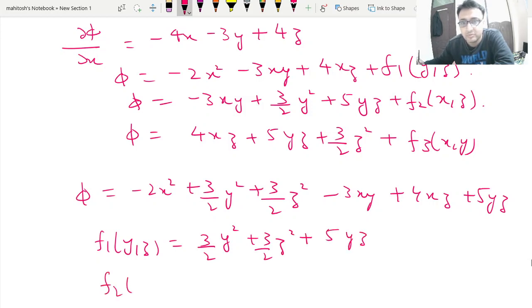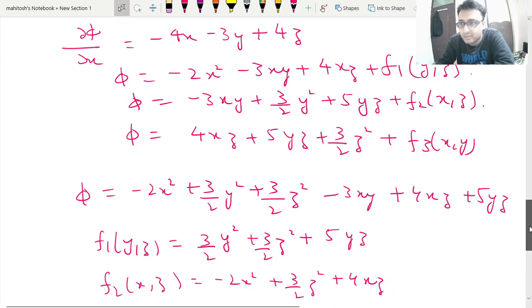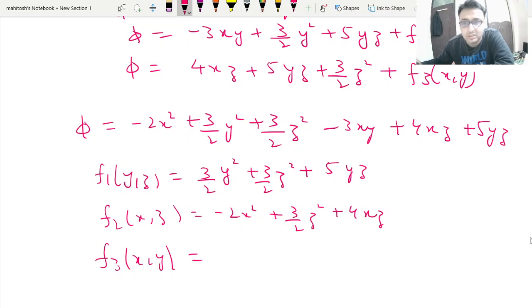Similarly, you can choose f2 of xz as minus 2x square plus 3 by 2 z square and 4xz. So this is a slightly lengthy procedure and there are chances that you can make some mistake. So the choice is yours. Whichever method you feel comfortable with, you can choose. So f3 of xy is minus 2x square plus 3 by 2 y square plus minus of 3xy.